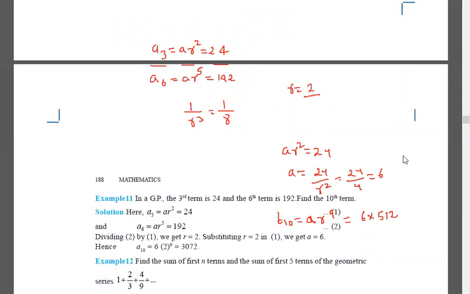Yes, very good. 3072. Got it, everyone? Yes, Pragna, correct. Okay, very good. Everyone got this? Just raise your hand.